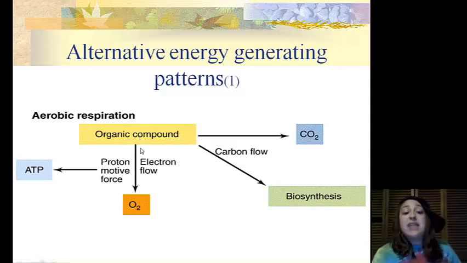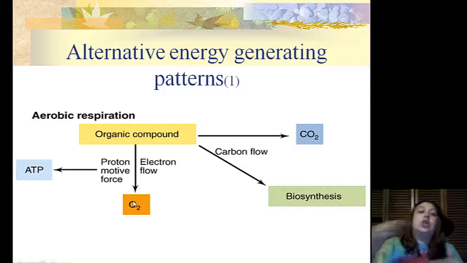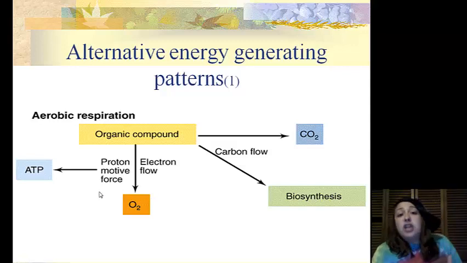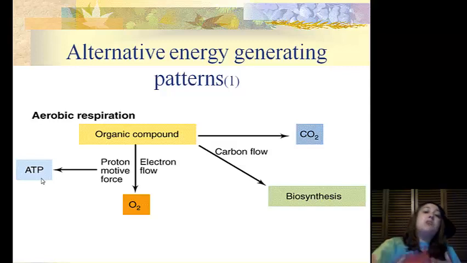Okay, the rest of it, if you remember, the electrons go through that electron transport chain, and with aerobic respiration, we have oxygen as the terminal electron acceptor. Now, remember, with oxygen as that terminal electron acceptor, we've got the most ATP being created. The most. So, total over here, with aerobic respiration, get 38 ATP. 38! That's awesome. So this would be the most efficient pathway to go through, aerobic respiration.